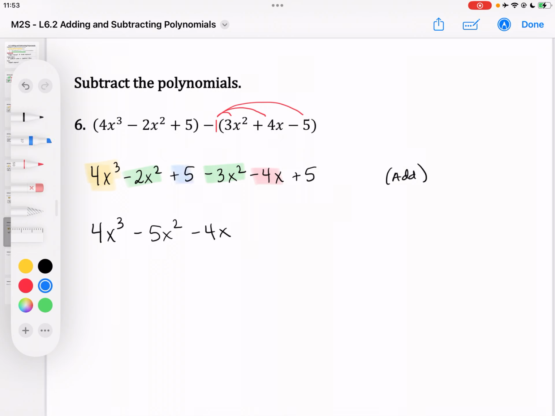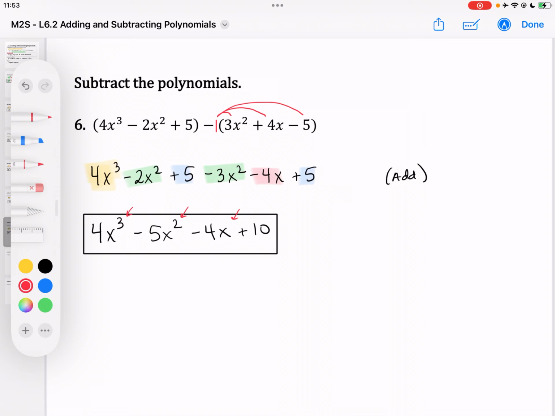And then last but not least, I've got the 5 plus 5, because remember I'm adding. 5 plus 5 is 10. And there's your answer. And just remember to double check, because standard form is important. You need to make sure the biggest exponent goes first, all the way down to the lowest, which I am, so we're good to go there.